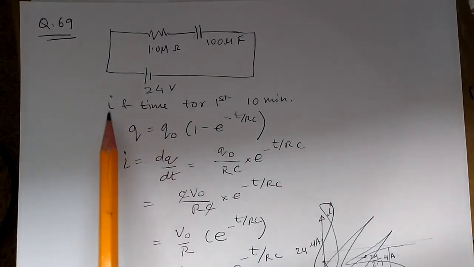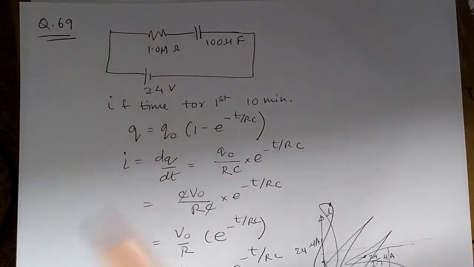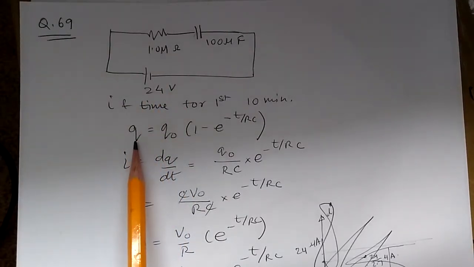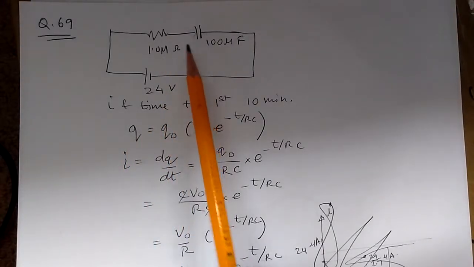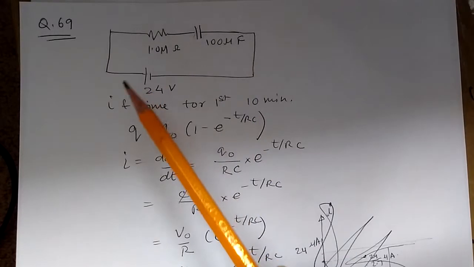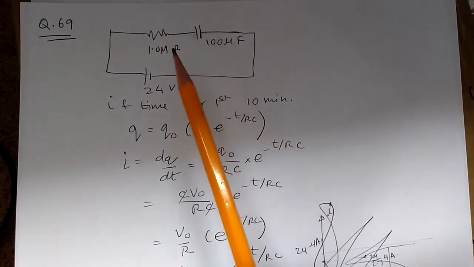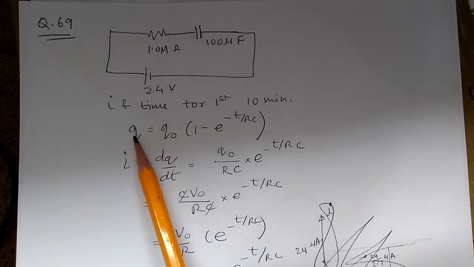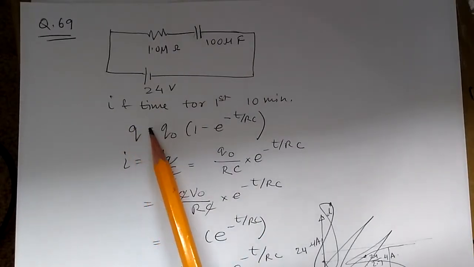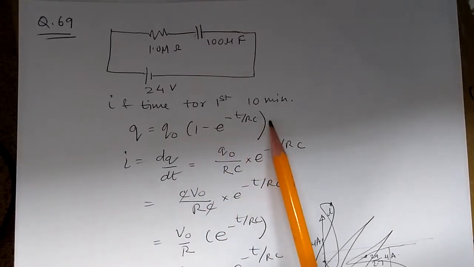We need to find the plot of the charge and the current. As the voltage on this capacitor increases with time, the charge on this capacitor is also increasing with time, and the formula for the charge at any time t is given by Q equal to Q naught times 1 minus e to the power of minus t by RC.